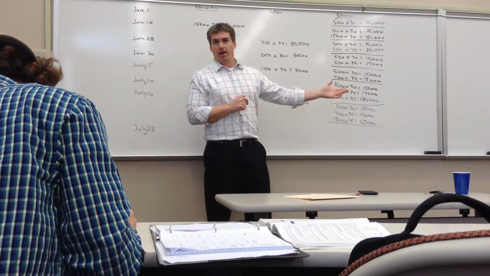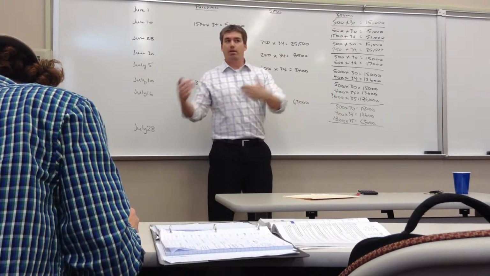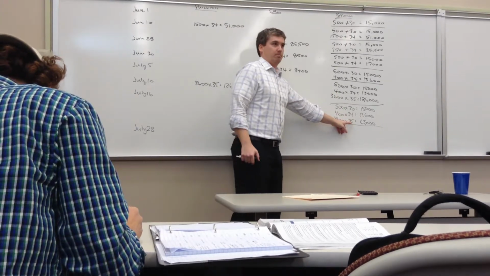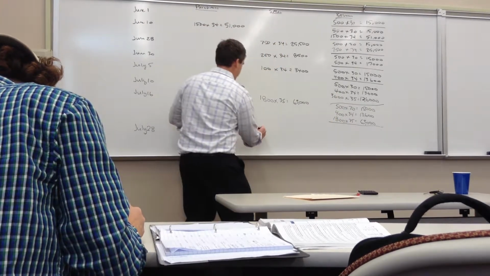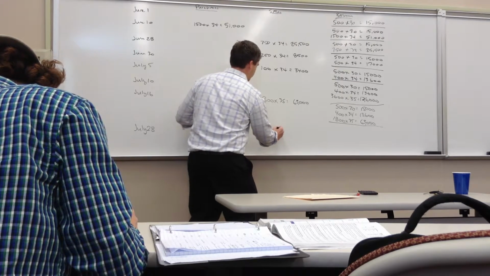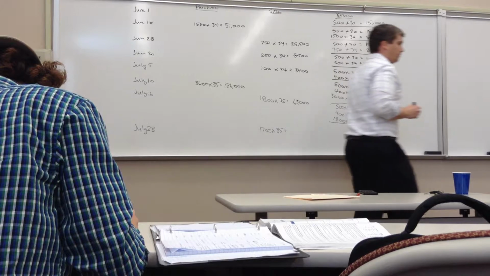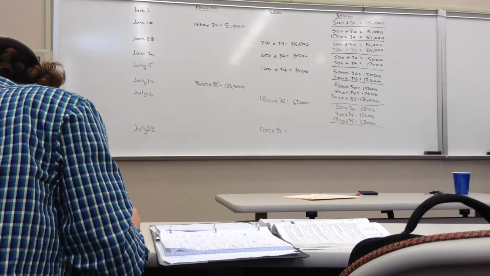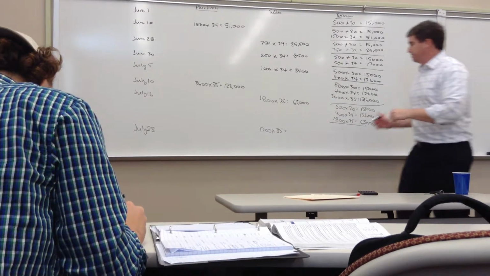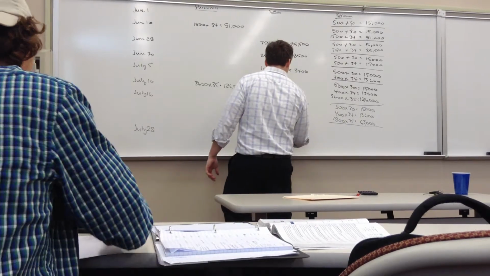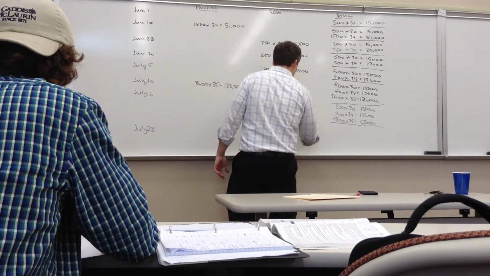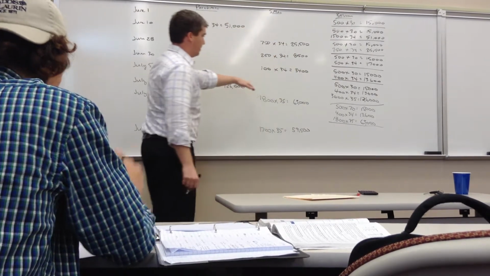So I know right off the bat that all 1,700 came at a price of 35. So I can record this sale, 1,700 multiplied by 35. 59.5 is my number there.